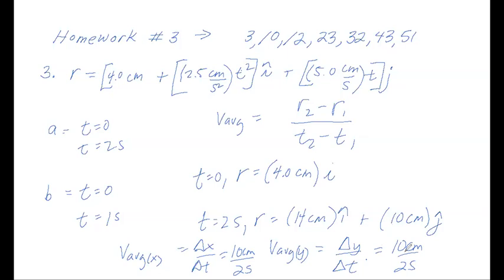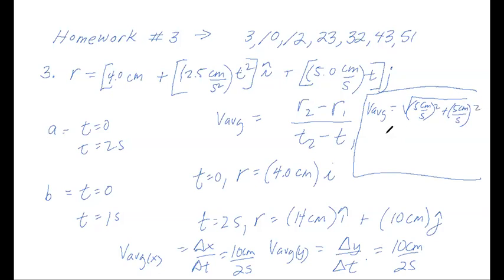I need a little board space. So 5 centimeters per second for each one. Now we have to convert to polar. The magnitude of the average velocity equals the square root of (5 centimeters per second) squared plus (5 centimeters per second) squared. That's going to be equal to 7.1 centimeters per second.